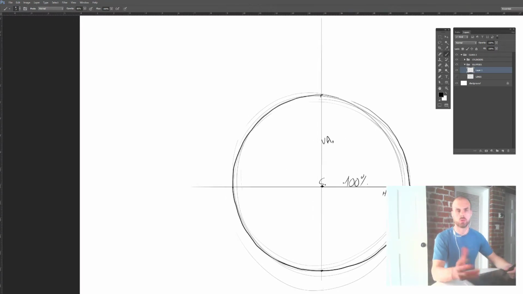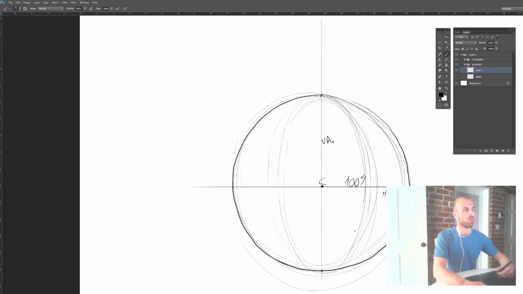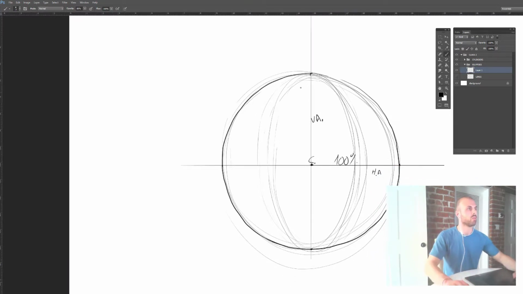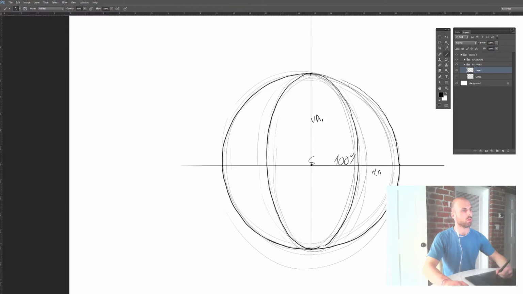What is very important to notice though is that if I decrease in this case the horizontal axis to maybe 50%, drawing a figure like this is representing basically an ellipse that has a width of 50%, so it's a half of the circle.